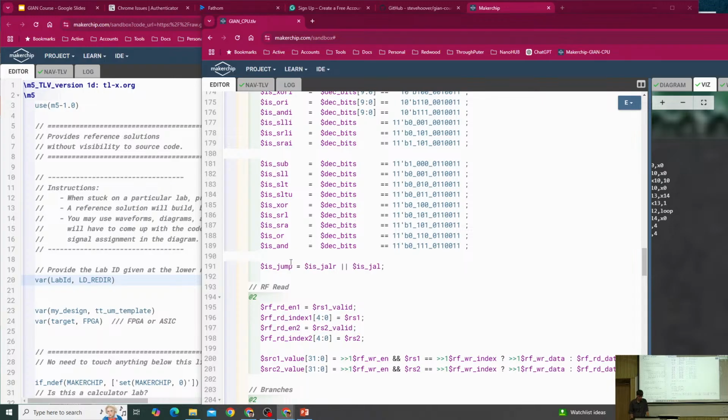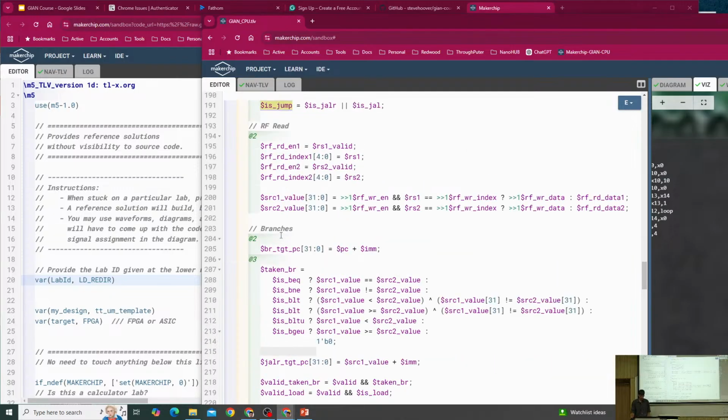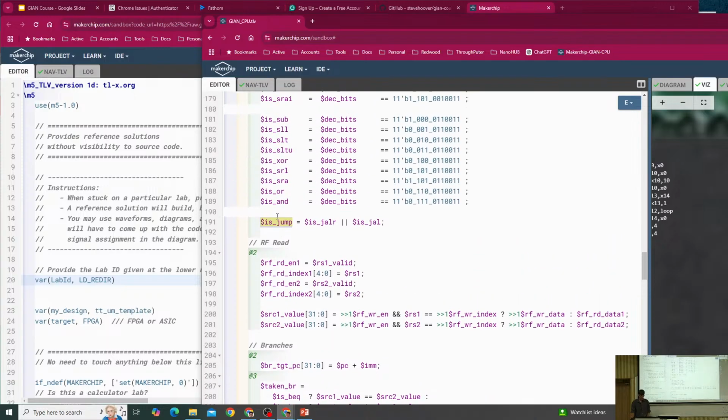I think, so let me see where else I use this. I think we'll just factor valid into is jump. That's it. So let me make a valid jump signal instead. I think my instructions in the slides are slightly different, and we don't actually know whether we're valid at this point.